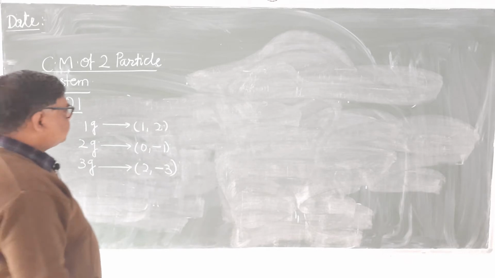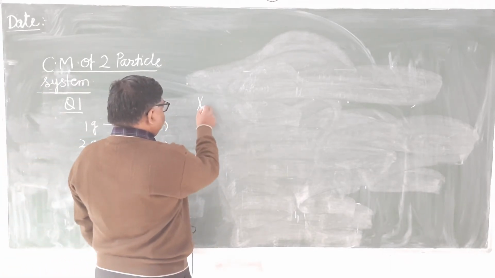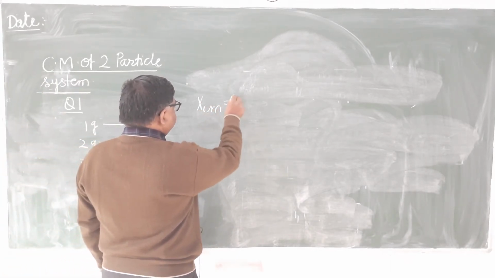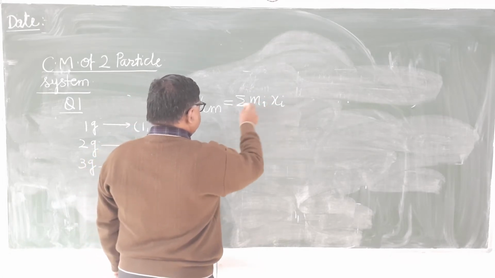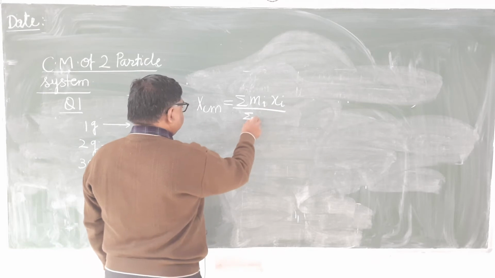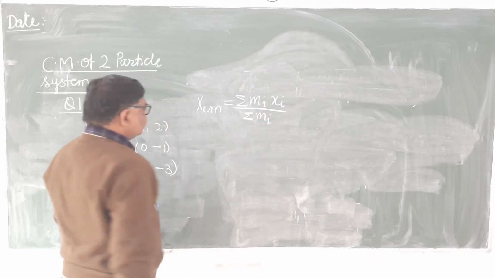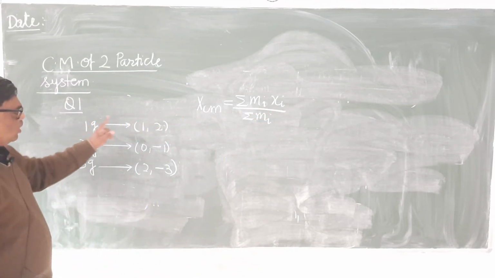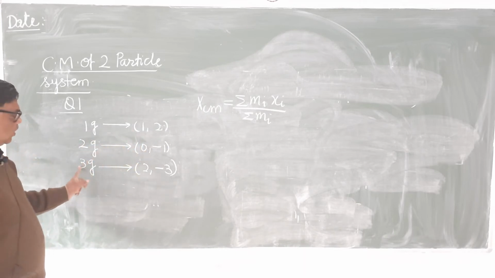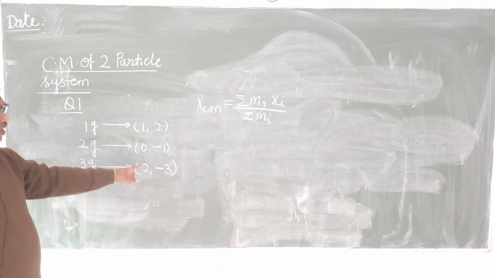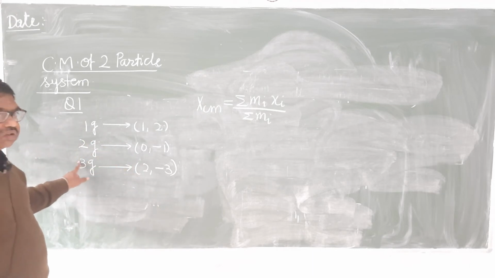So what will be xcm, that you know? Xcm will be sigma mi xi upon sigma mi. If you calculate here sigma mi xi, 1 into 1 plus 2 into 0 plus 3 into 2, divided by 1 plus 2 plus 3.